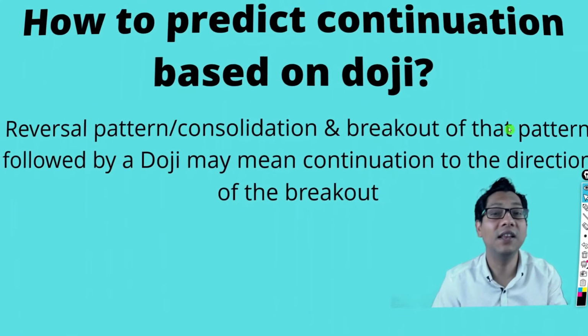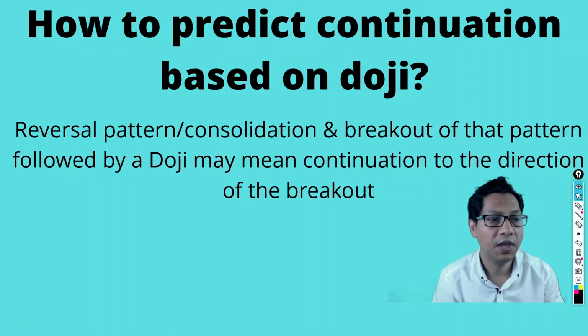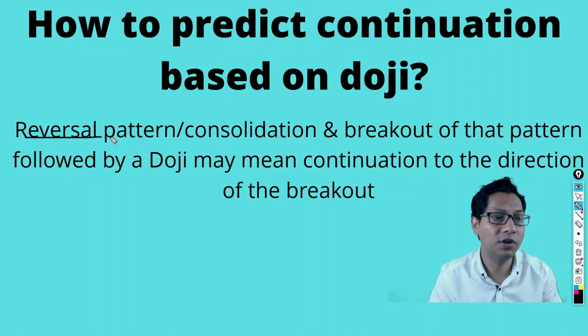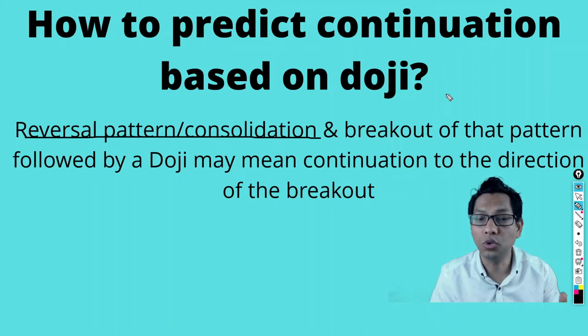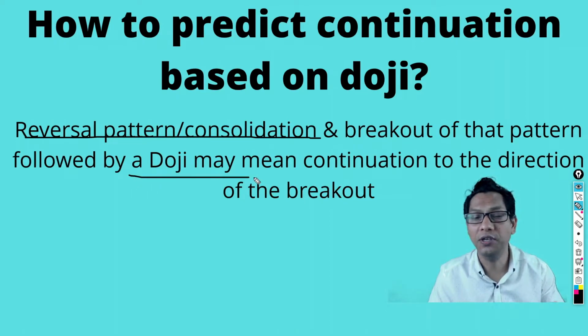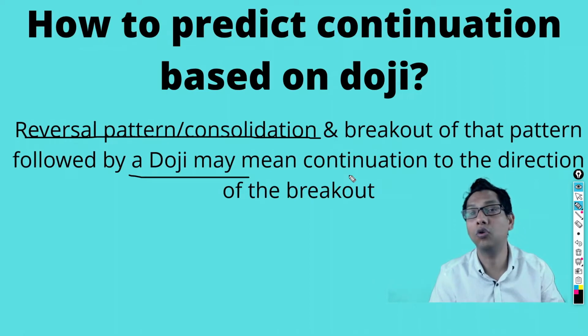Okay, so let's first learn how we can predict continuation based on doji. The first thing you need to remember is that you need to see a reversal pattern or a consolidation in the market, then a breakout of this reversal or continuation, and then a doji forms, which means that the price will continue to fall or continue to rise.